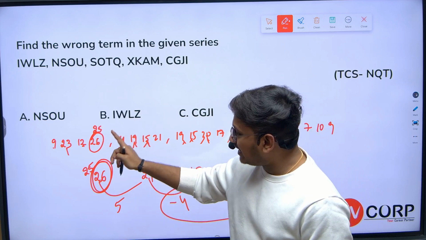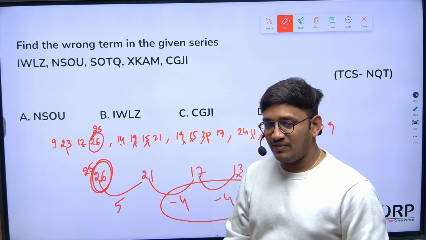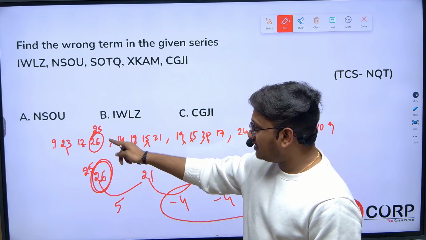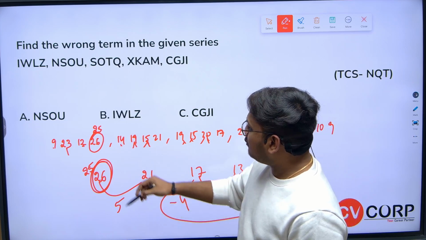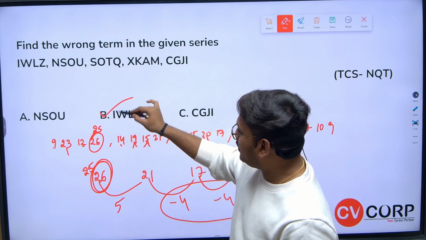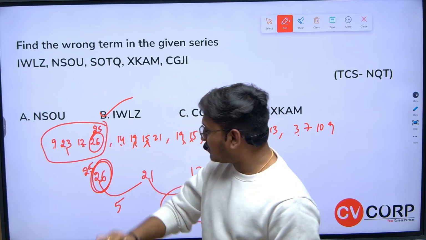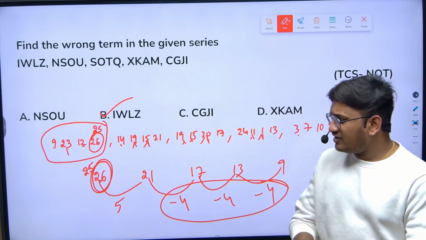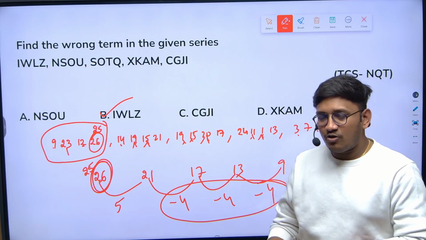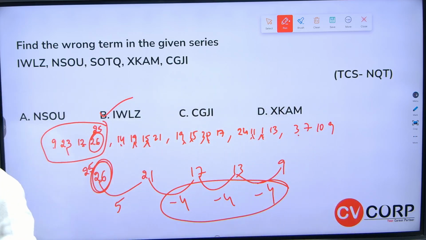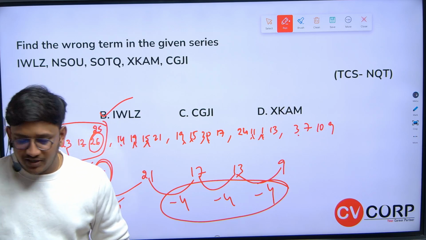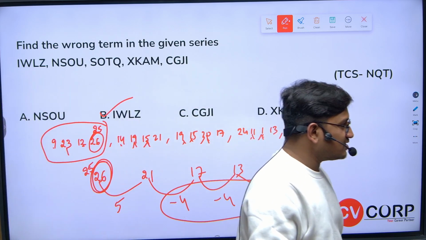So the error is in the first cluster, and the exact letter is Z. Instead of Z, if it were Y, it would be the correct pattern. So the error is in option B, the first cluster. Everything else follows the same pattern except the first one. Yes, exactly, I can see the options posted: I, W, L, Z. Option B is correct. I hope you are all clear with these types of questions.